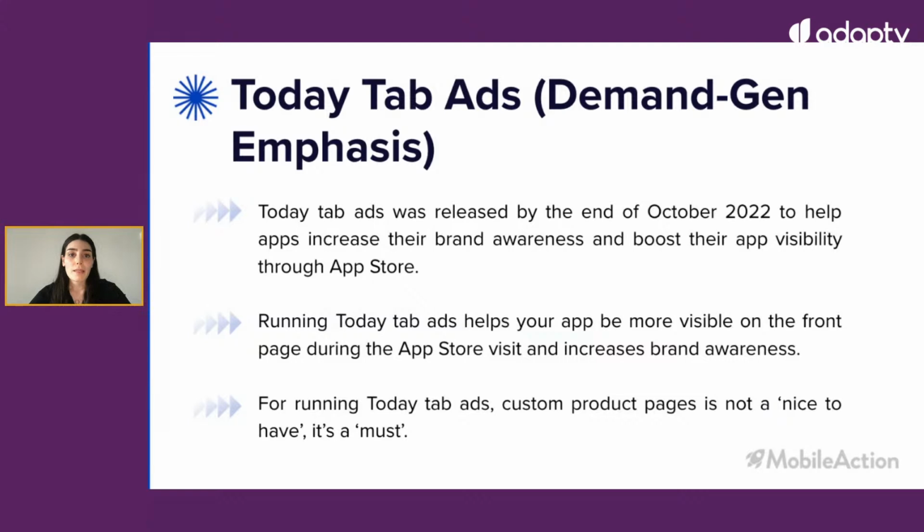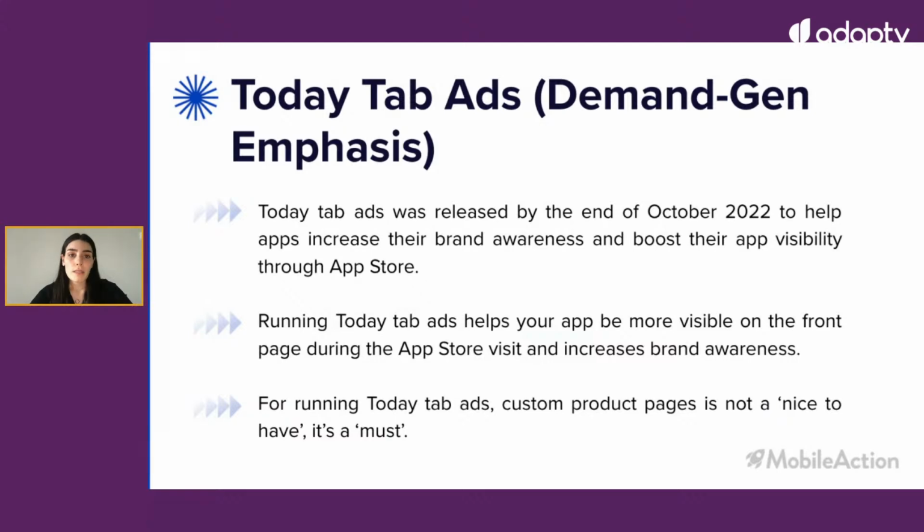So Today Tab ads were released at the end of October 2022 to help apps increase their brand awareness and boost their visibility through the App Store. And for running Today Tab ads, custom product pages are not just nice to have; it's a must. So if you would like to run a Today Tab ad, you must have a custom product page to serve in the Today Tab.